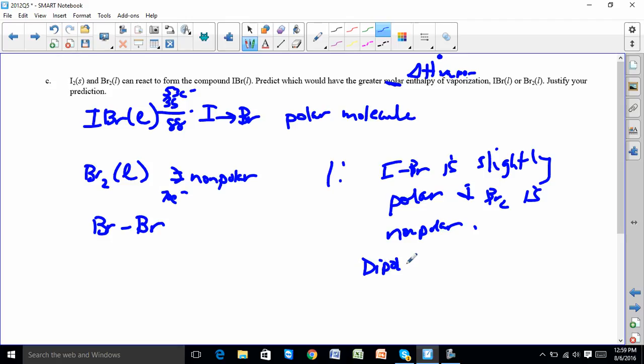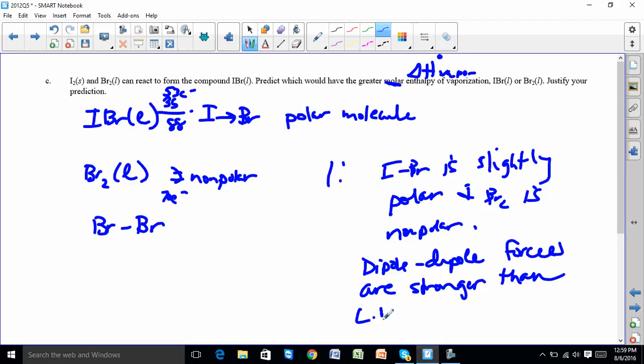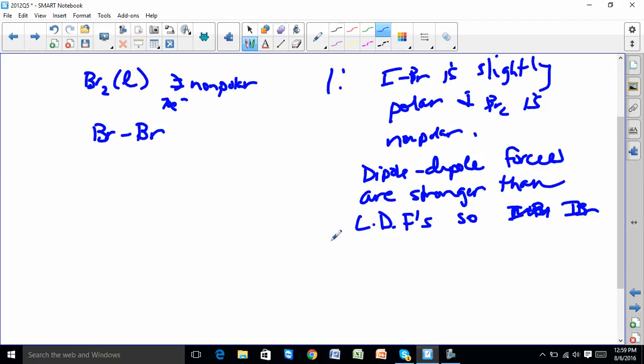Dipole forces are stronger than London dispersion forces. So IBr, you don't have to put the bond in there, IBr has a greater molar heat of vaporization.